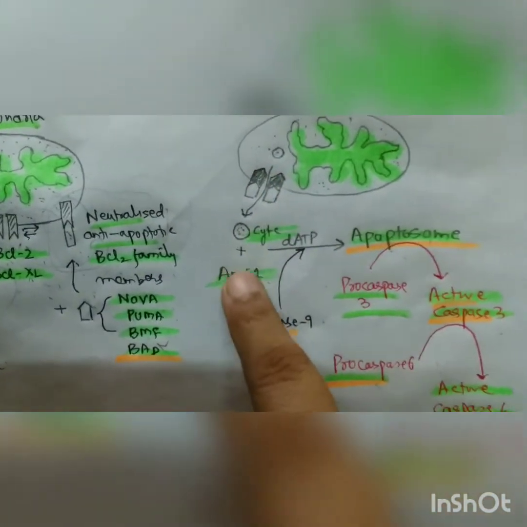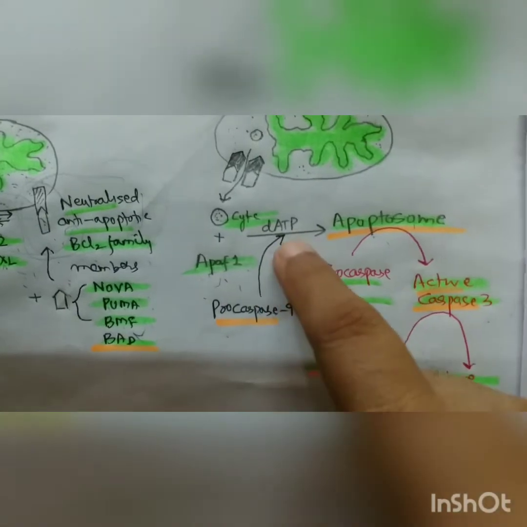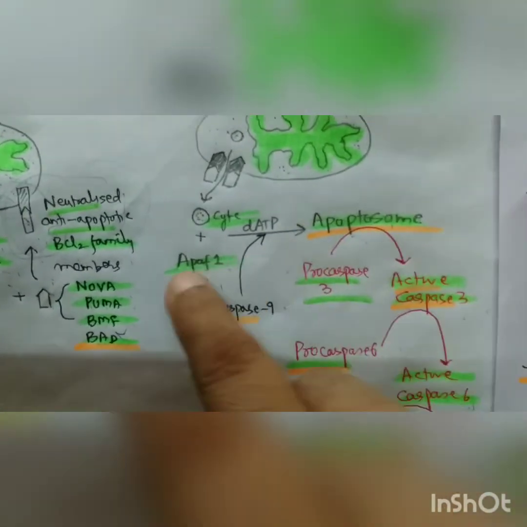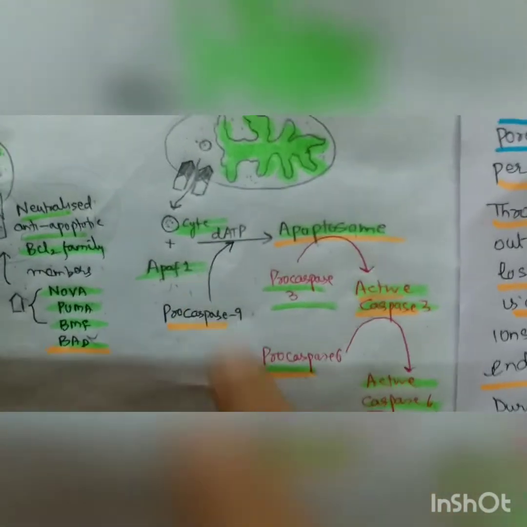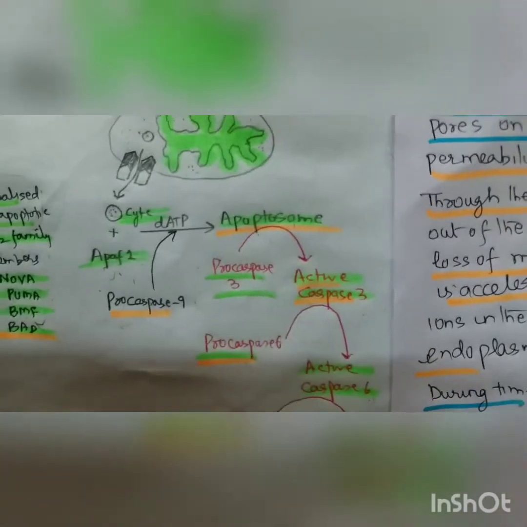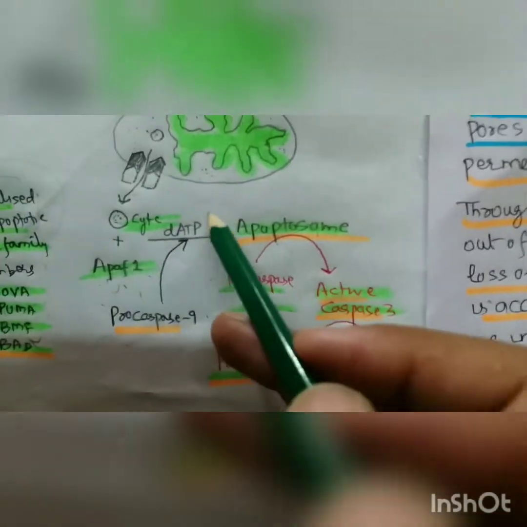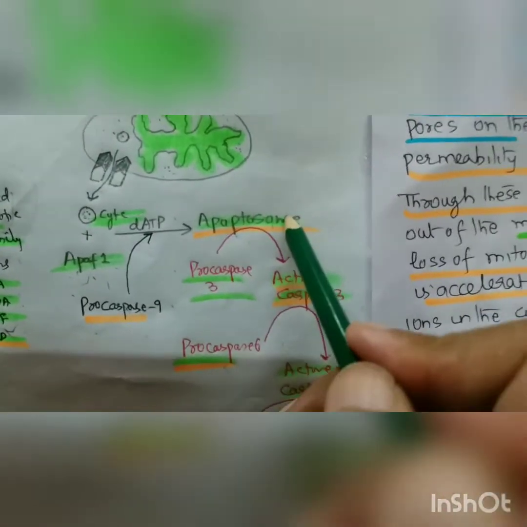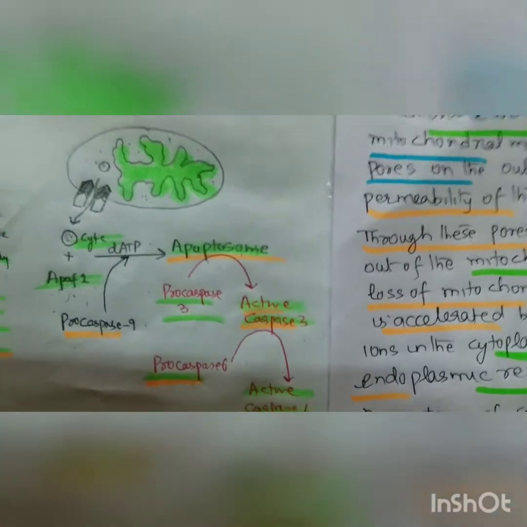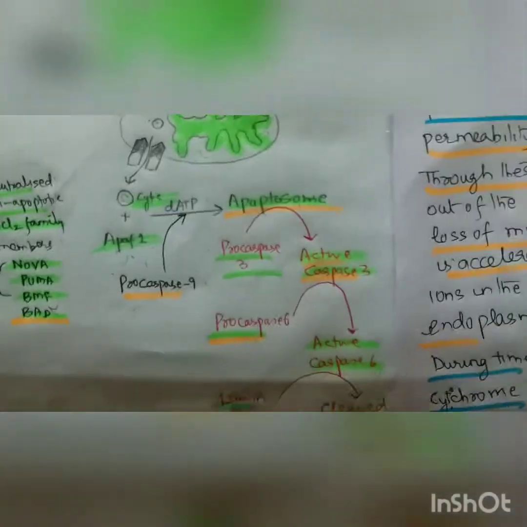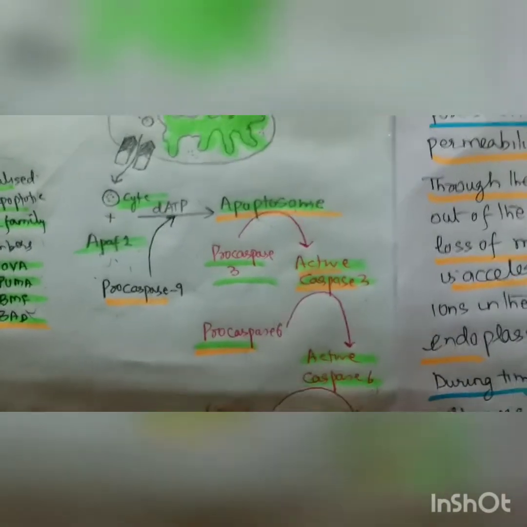allow BAX and BAK to cause pores, release of cytochrome C, and this cytochrome C attaches with APAF1, and APAF1, I told you, has 3 regions. The N region, which is called the CARD region, and this CARD region attaches pro-caspase 9, and with the help of dATP they form an apoptosome. Whereas in the C region, there are WD40 repeats, which make this APAF1 auto-inhibitory.